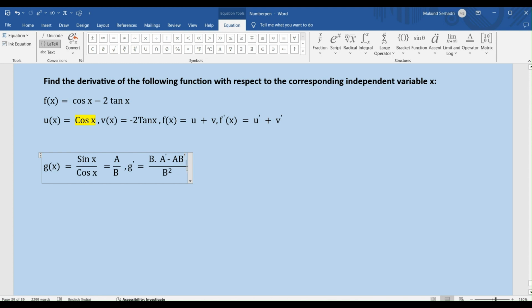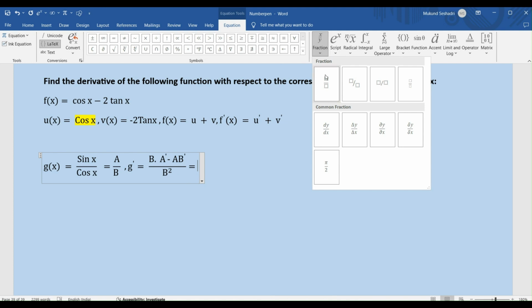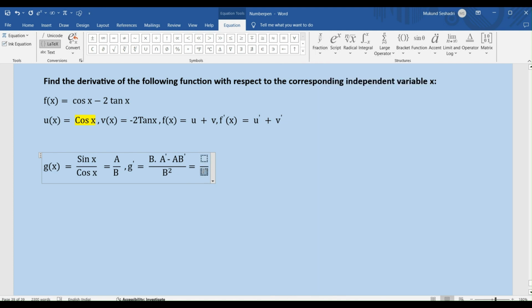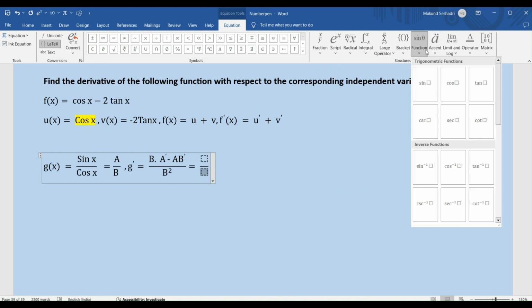And if I apply the same to tan of x, which is nothing but my sine x by cos x, what is my b square? My b square is cos square x, right?